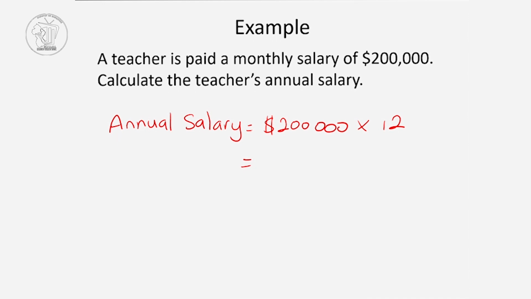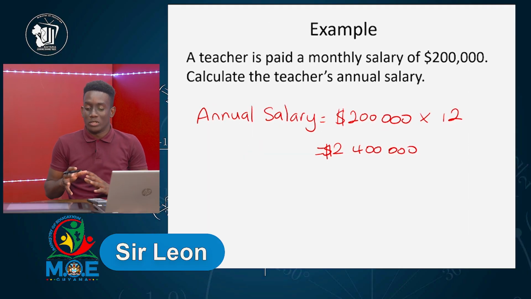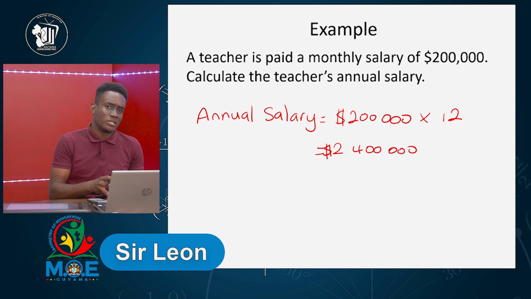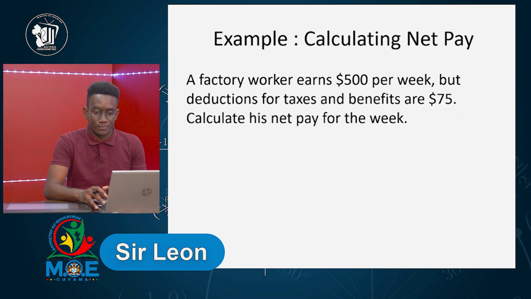So 200,000 times 12 would give us a value of $2,400,000. And this would be the teacher's annual salary. We multiply the monthly salary by 12. Let's carry on to the next example.